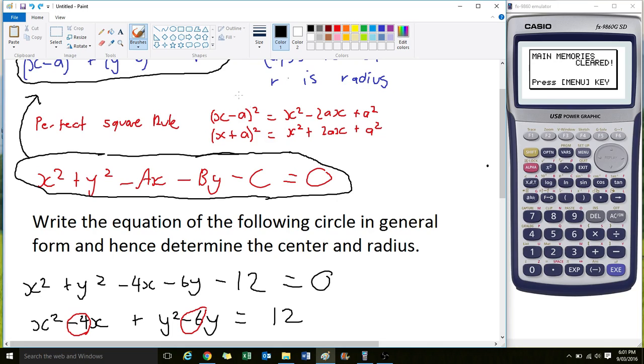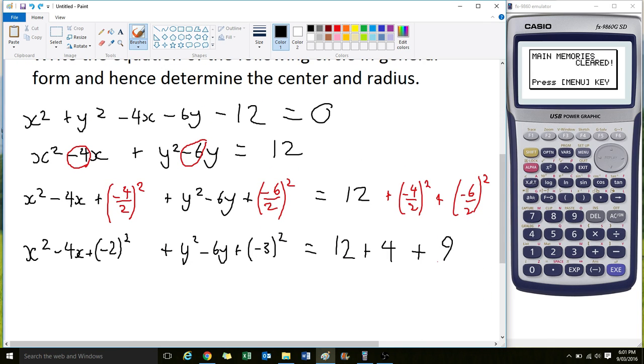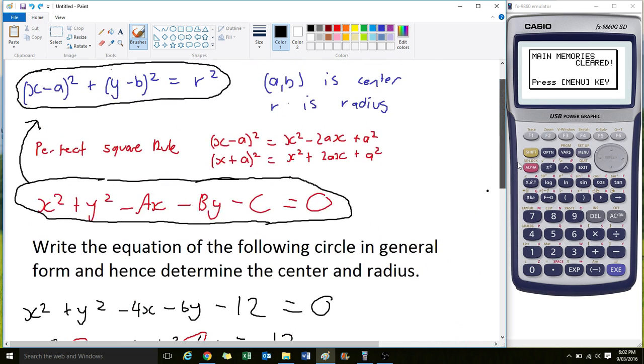So we can go from there to there, like we did in the previous video, or we can go from here back to there. So if we look at what we've got at the moment, we've got x squared take 4x plus minus 2 squared. This is a mirror image of this up here, okay? In this case, a is equal to 2. So let's punch it into this equation.